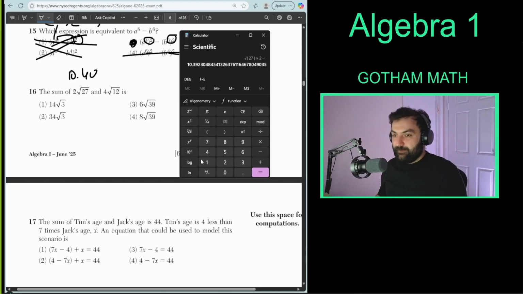And then square root of 12, times 4. 13.85. Do you have to write it down? No, you can just write plus because it says sum. So plus whatever you have written here, 10.4. That's 24.25.